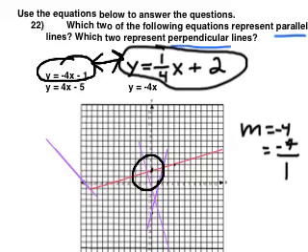You notice if we count the slope from our first line, starting at -1 here, we go up 4, 1, 2, 3, 4, and back 1. Or, well, the line isn't exact, but we go down 4 and over 1.